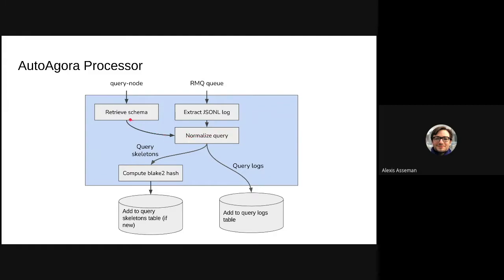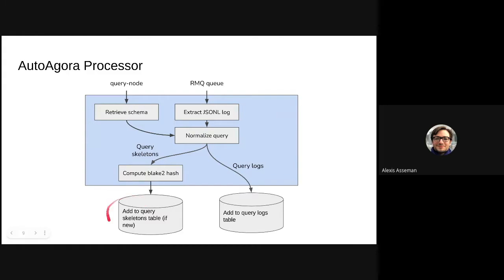To normalize the query, it will also use the subgraph schema. I'm going to show in the next slide why. The queries are separated into a query skeleton, or query shape, for which we compute a hash, a cryptographically secure hash in this case, so that we're sure that consumers cannot attack our cost model and escape it.